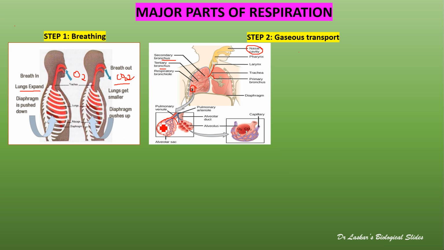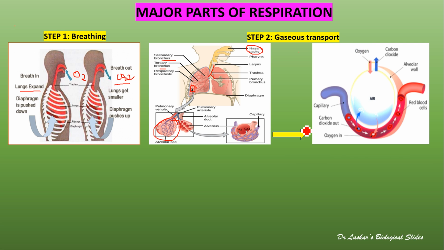Here the alveolar sac is associated with the blood capillaries. This structure indicates one air sac, or alveolus.